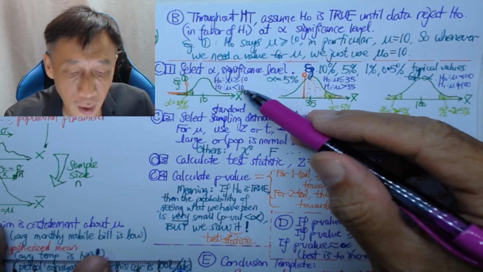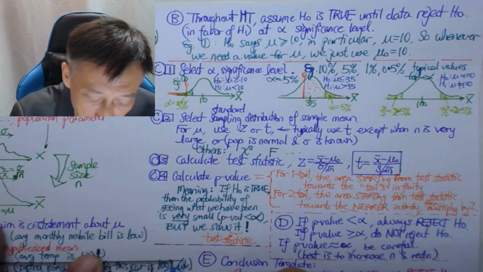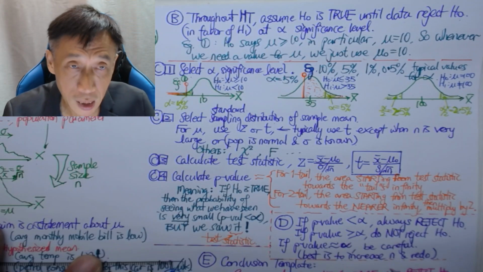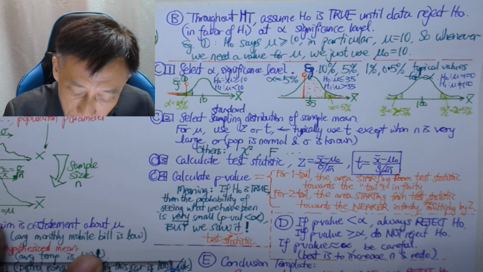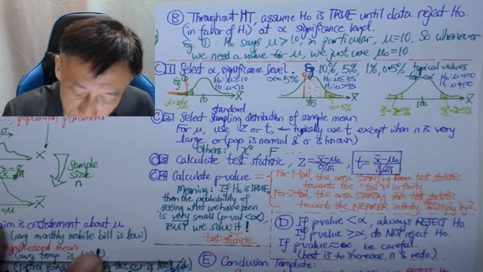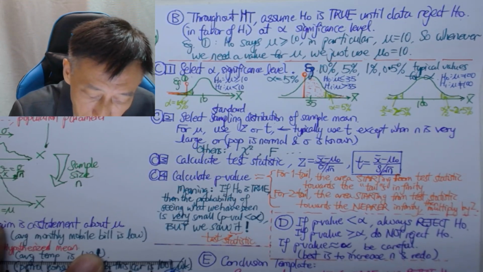Then we conclude, using example 1, that the population mean, it's always about mu, the population mean monthly bill payment, mu is less than $10 per month.